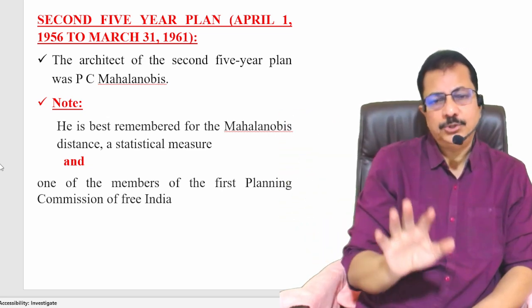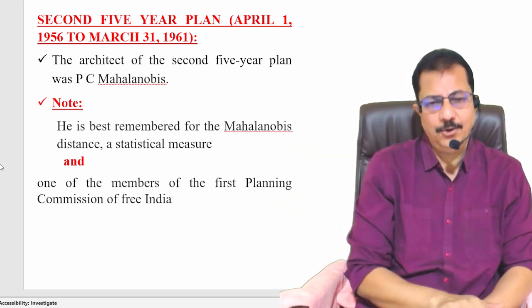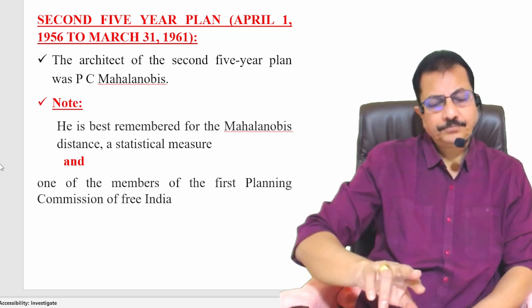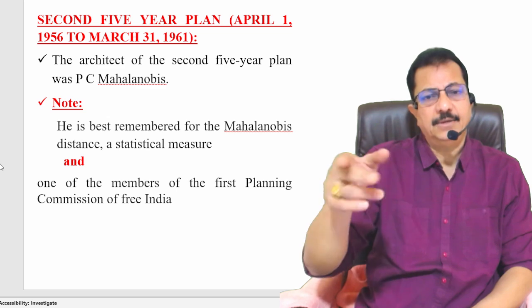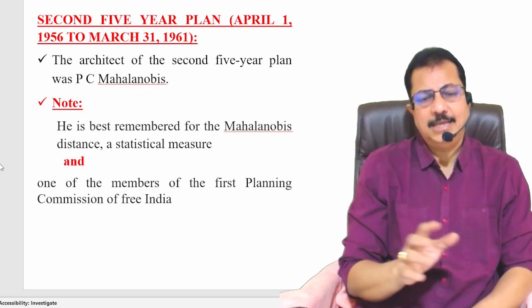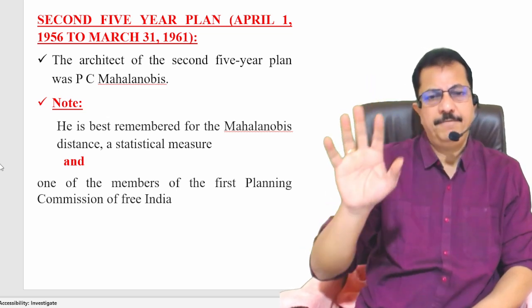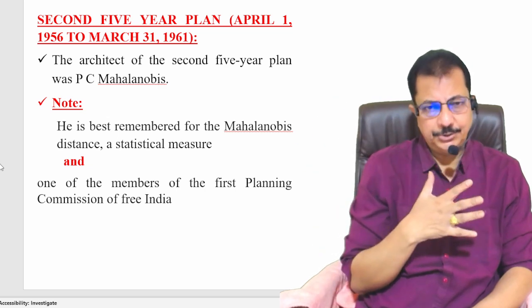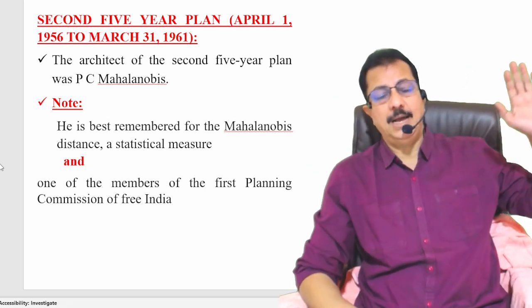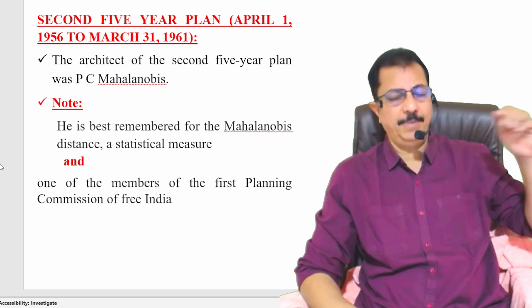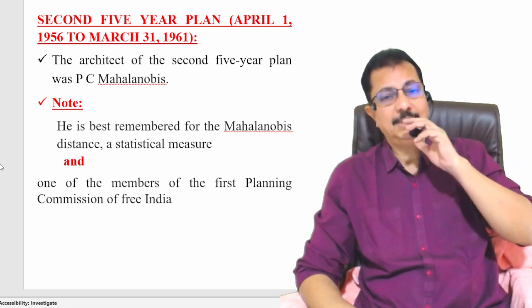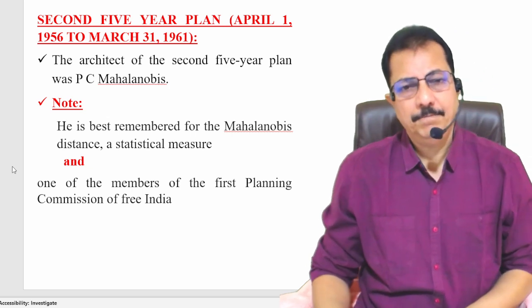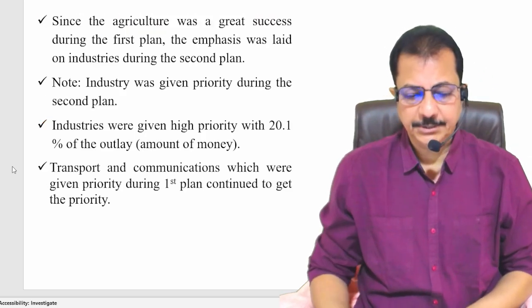PC Mahalanobis also had the same ideology. That is the reason why they worked together, and in order to reflect the ideas of Sri Nehru, this plan came into the picture, and the highest priority was given to industries. Clear? Because agriculture was successful in the first 5-year plan, agriculture was given the second priority. Clear? But that created some problem here. We will understand what this is. Right.